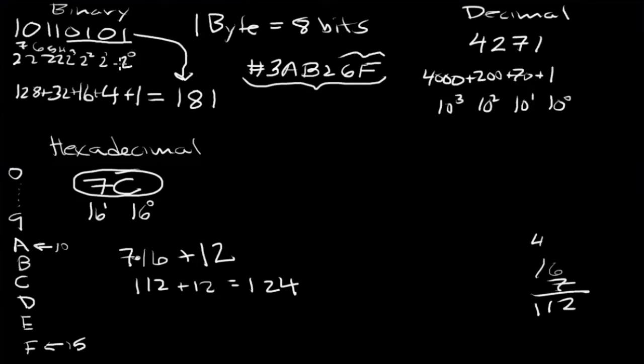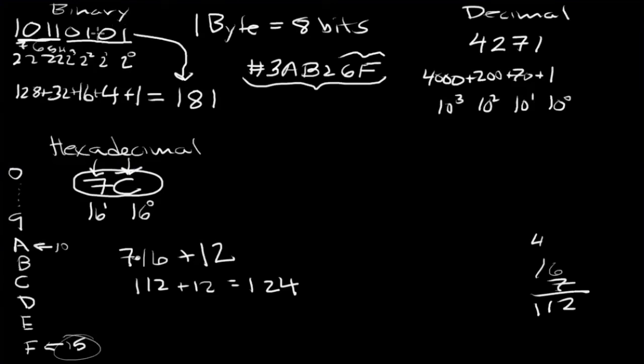If you add all of these up, 8 plus 4 plus 2 plus 1, you get 15, which is 1 less than the base, which is 16. So it turns out these 4 numbers right here would be the first digit in your hexadecimal number, and these 4 numbers would be the second digit.